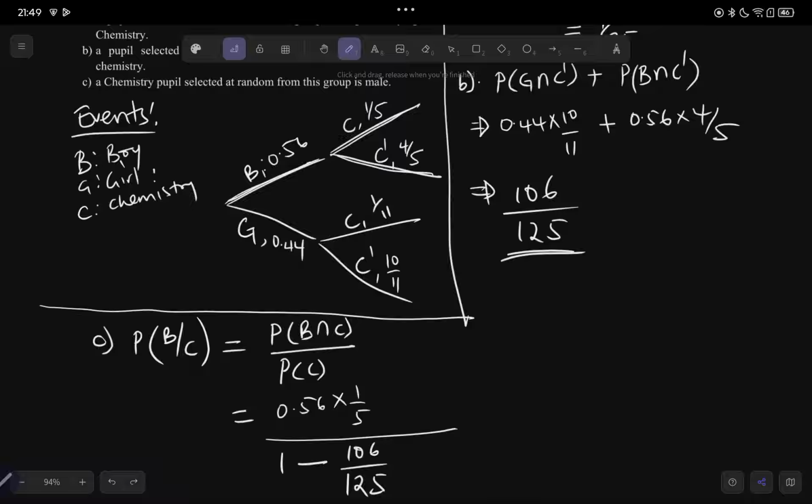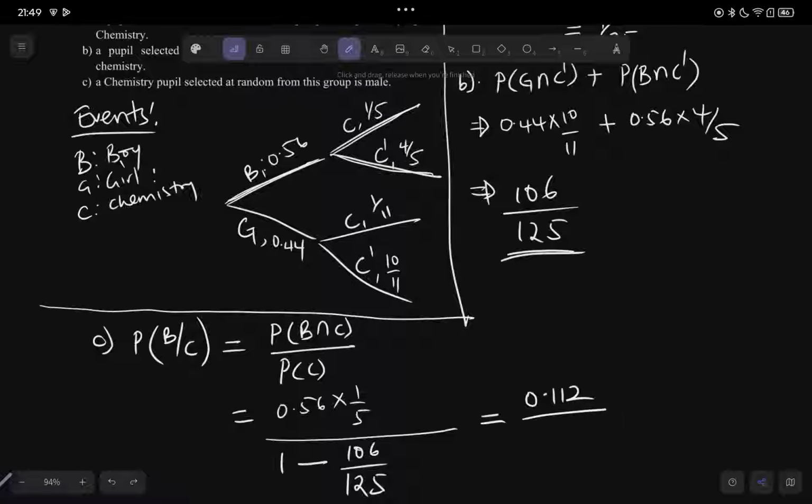Also works. So up we have 0.56 times 1 over 5, 0.112.